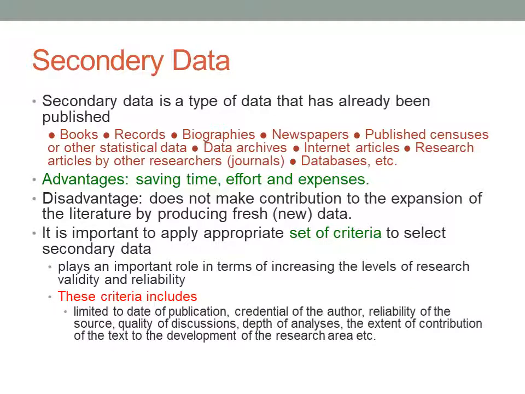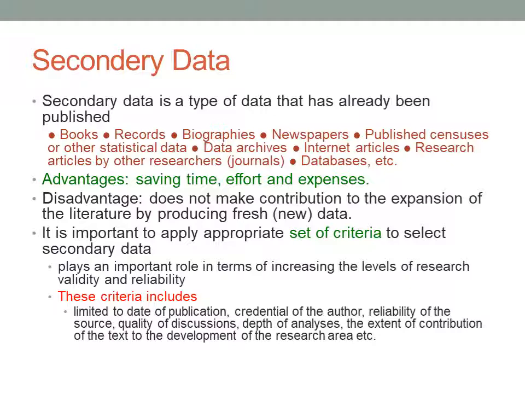And when you talk about this criteria, this should include, but is not limited to, date of publication, credentials of the author, and whether the author is reliable, or whether this paper is coming out of a reliable source, with a good journal impact factor, a good journal index, or a database that is indexed and standard.